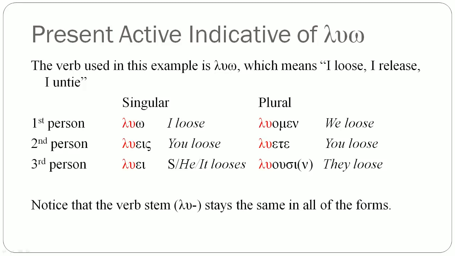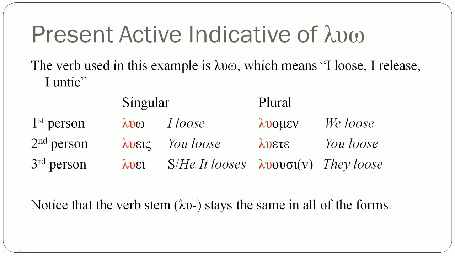All right, I've put here on the bottom, notice that the verb stem that I've highlighted in red here stays the same in all of the forms. Okay, to get the verb stem, you take your dictionary form, in this case, luo, you drop off that first person singular ending, which is simply the omega on the end, and you are left with the verb stem.